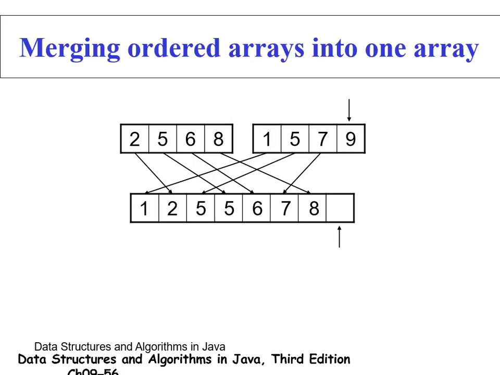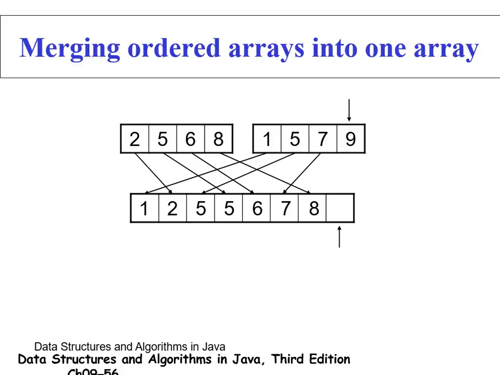Agree? After copy, plus plus, copy, plus plus. So actually, I don't have to write the extra condition. While point B is still less than B dot length, we copy this.